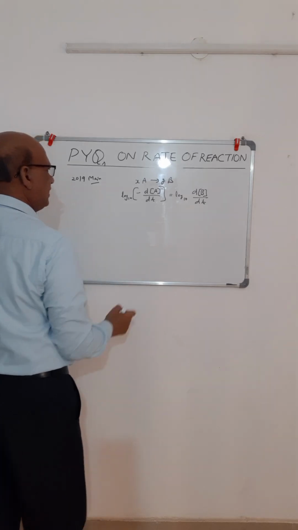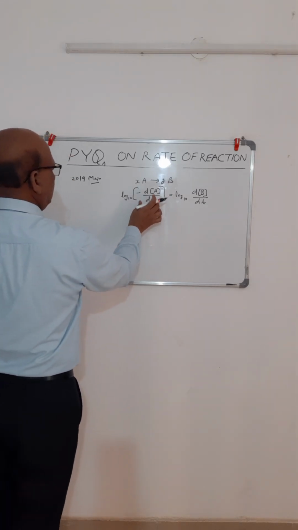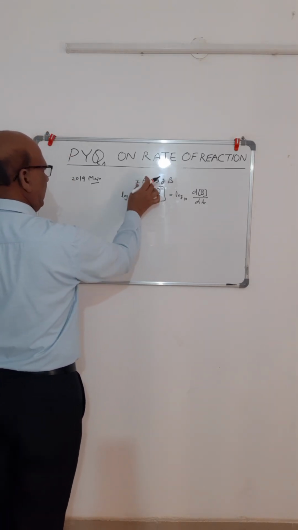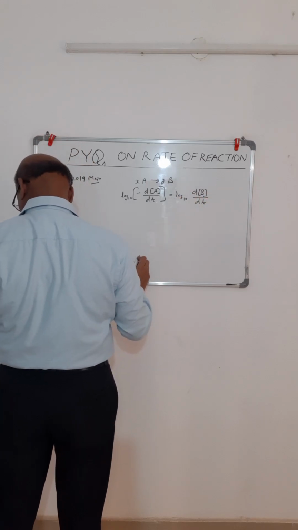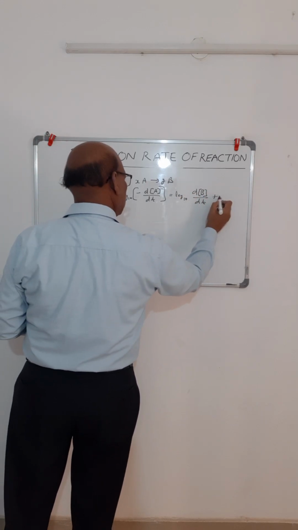plus 0.3010. Because A is the reactant and B is the product, it is written minus dA by dt for A and plus dB by dt for product.